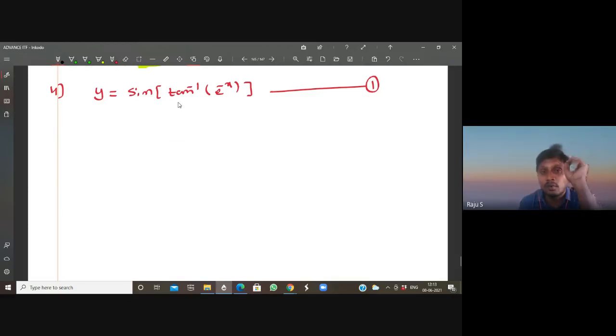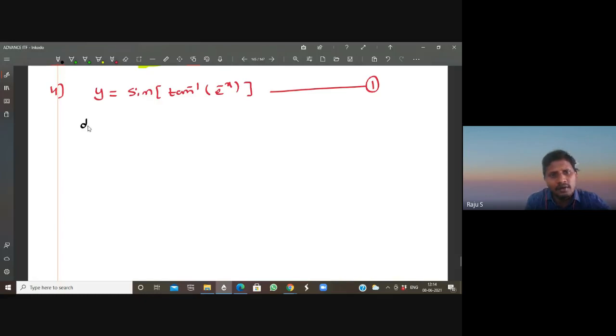No, here we are having only a single function, that is sine, tan, e power x. It is not the product of two different functions. But whenever we want to differentiate, we can differentiate thrice. That is sine separate, tan inverse separate, e power x separate, with the help of chain rule.